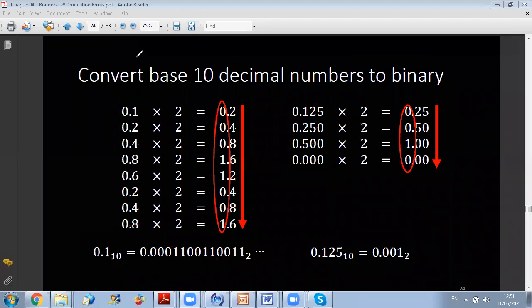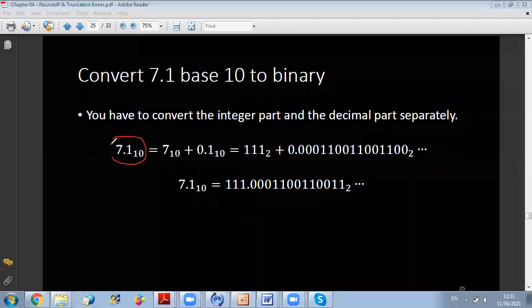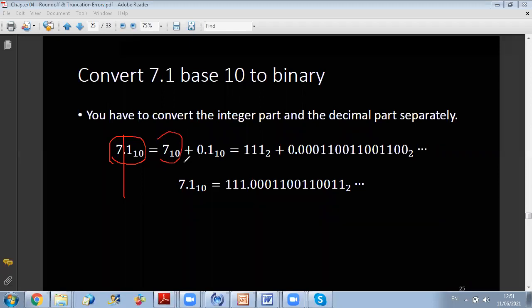Okay. Let us now take some examples. If I have to compute what 7.1 in base 10 is in base 2, the general rule is just to divide it into the integer and decimal parts. So I separate the two parts.